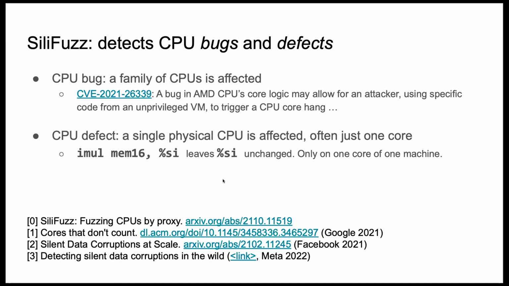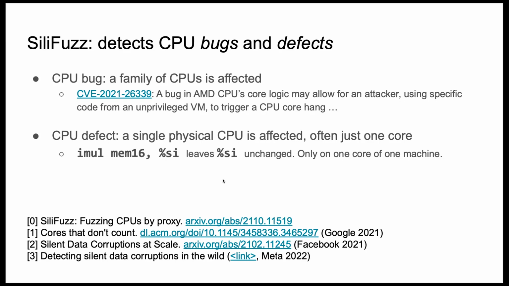CPU defects are something completely different. A CPU defect is a situation when a single physical object is damaged on some low electrical level, physical level. Maybe some transistor is broken, maybe some wire is broken, who knows? And the typical manifestation of a CPU defect would be just one instruction with maybe some subset of parameters.